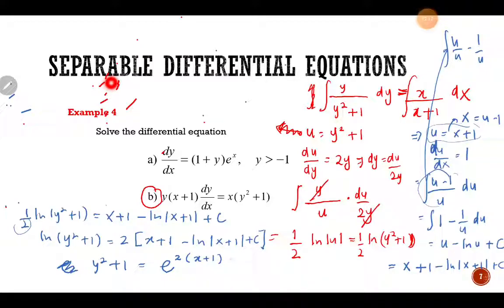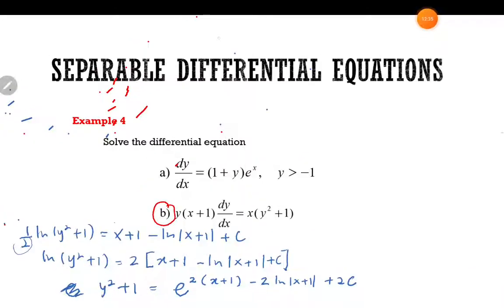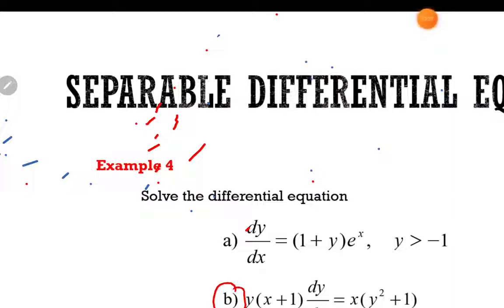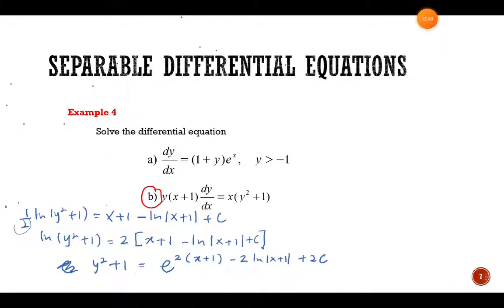Okay, saya darab satu ni 2 tolak 2 ln X tambah 1 tambah 2C. Okay, dan daripada sini, macam saya cakap tadi, yang X square darab dengan X power of 3 is equals to X2 tambah 3.